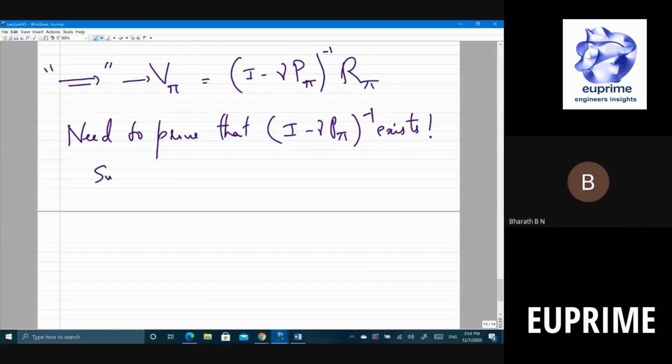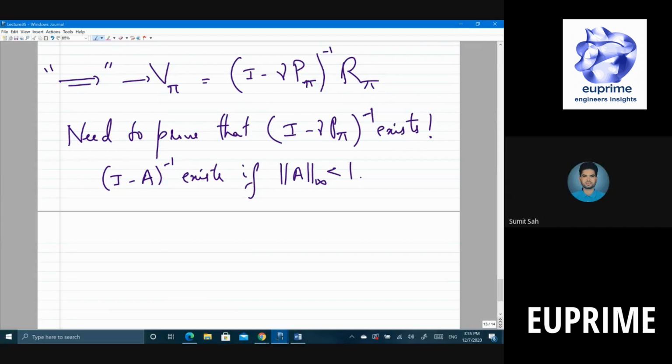Suppose, okay, let's look at this. I minus A inverse exists if I can show, for example, that the infinity norm of A is less than 1, right? Is that fine? Yes, sir. Do you agree? Yes, sir. So why is that?